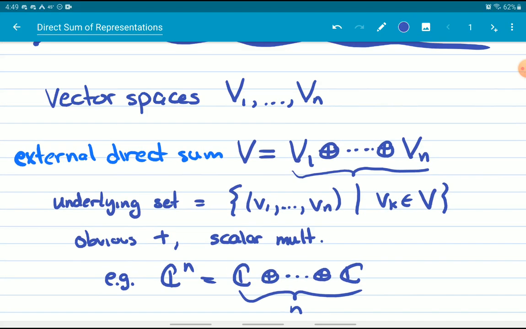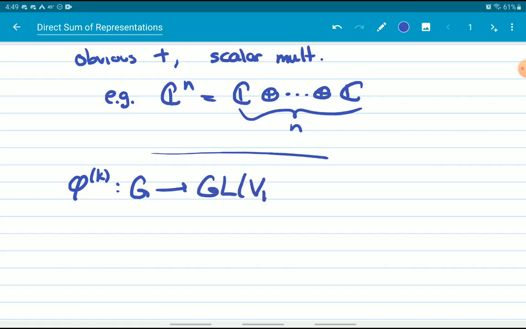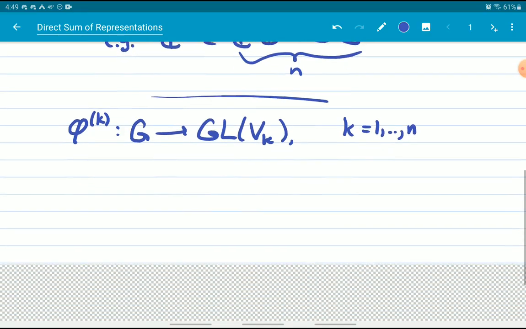Okay, well, we can combine this with representations. So now let's suppose I have a bunch of representations, I'll call them phi upper k in parentheses, of the same group into different vector spaces. k runs from, say, 1 up to n.